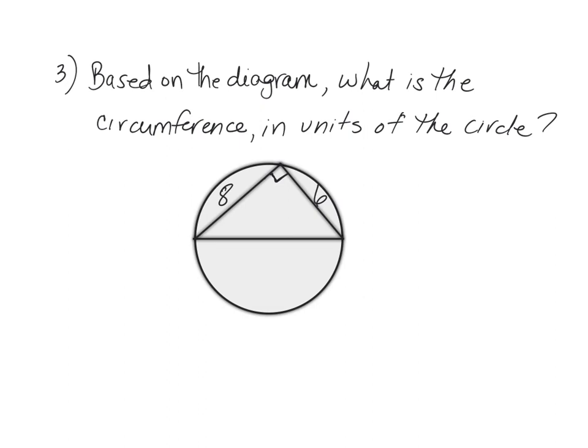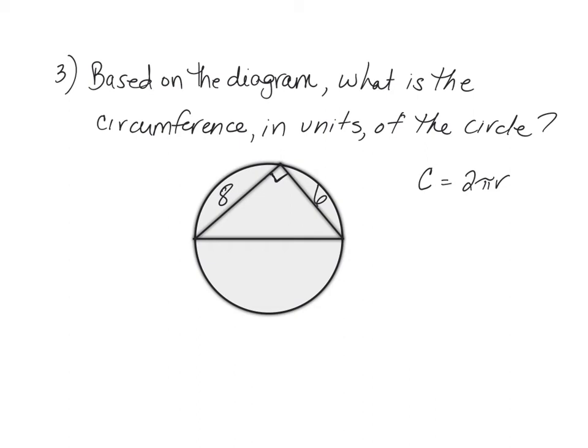For this problem, we need to take into account that we have both a circle and a right triangle. So our question says that based on the diagram, what is the circumference in units of the circle? Well, first we need to remember that on our MCAS reference sheet, there is a formula for circumference, which is 2 pi r.